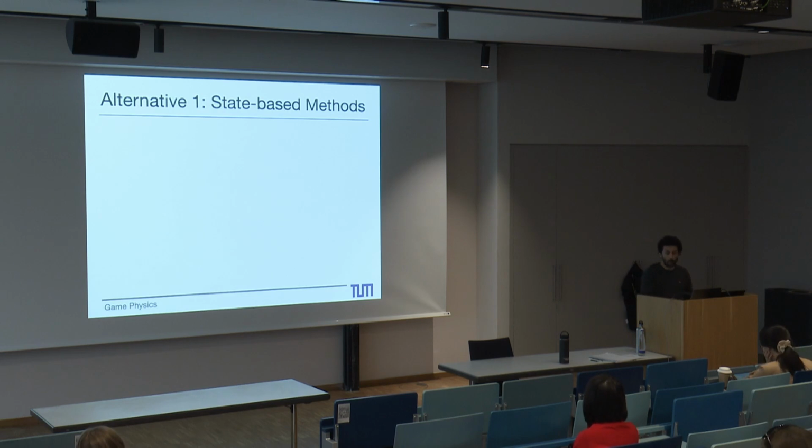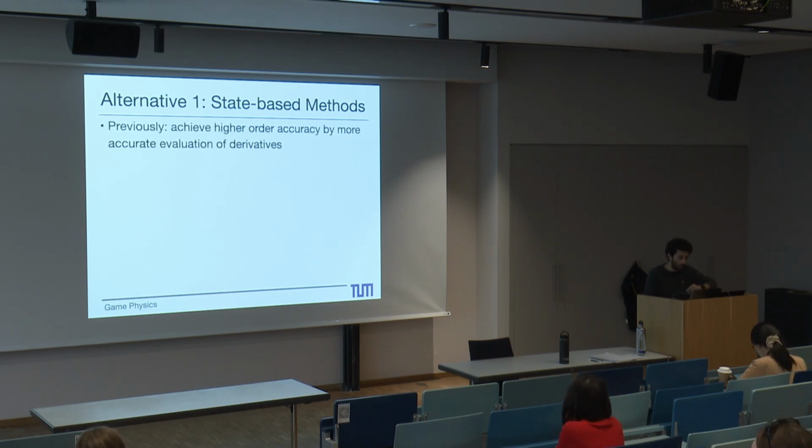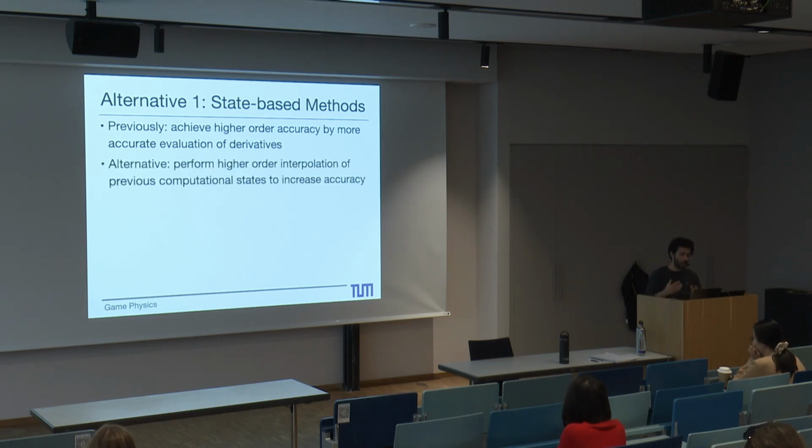So this was one way of doing the computation, and the most widespread one in practice. Although there are other alternatives, and one of them is the so-called state-based method. So in this case, as I mentioned before, instead of trying to achieve higher accuracy by providing a better evaluation of the derivatives, what we are trying to do is to use the states that we have already computed before.